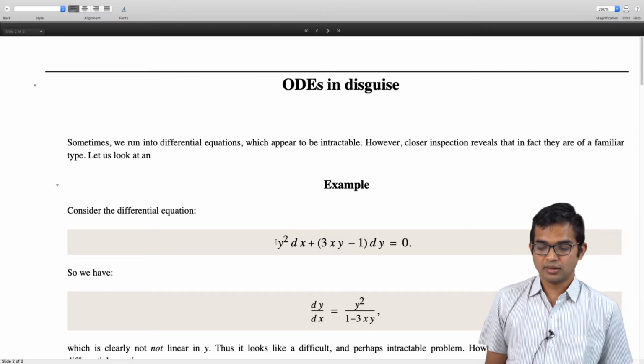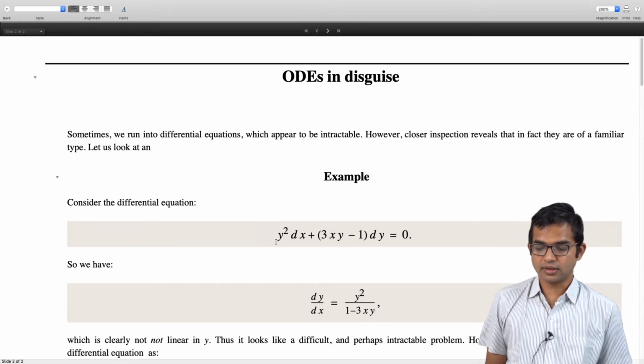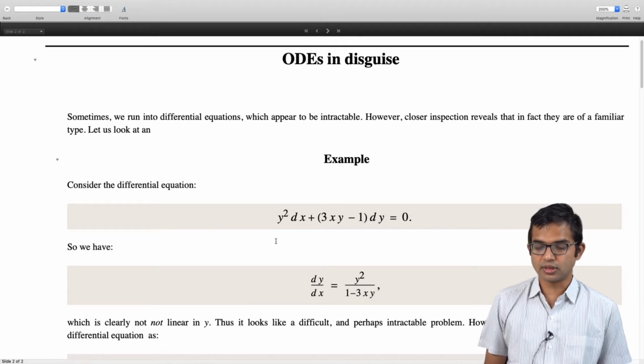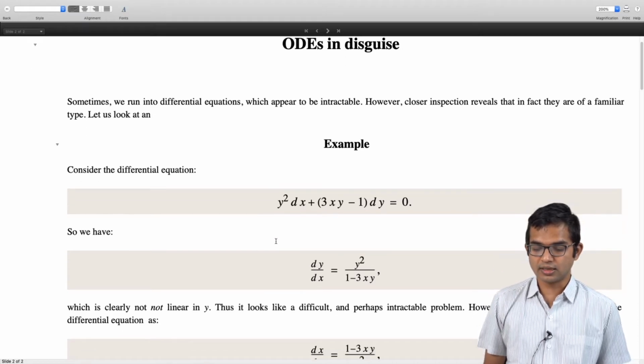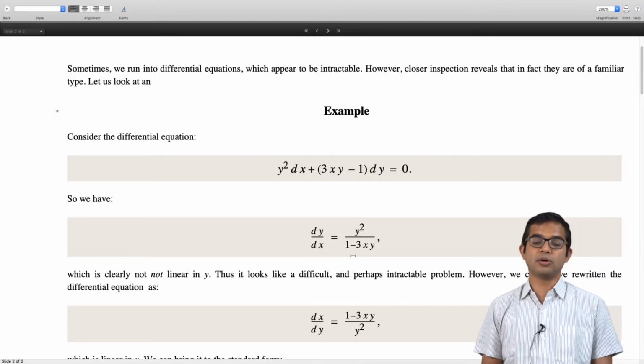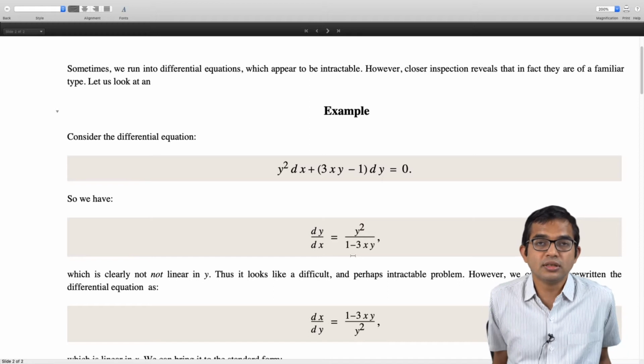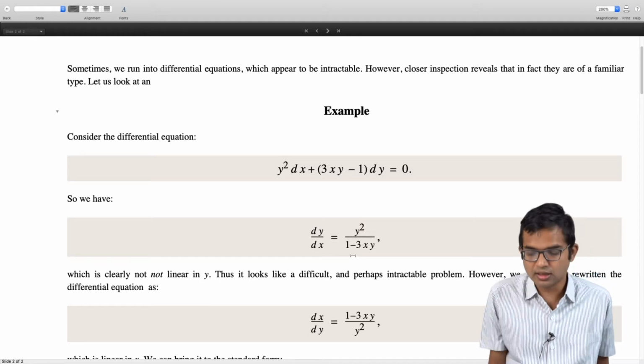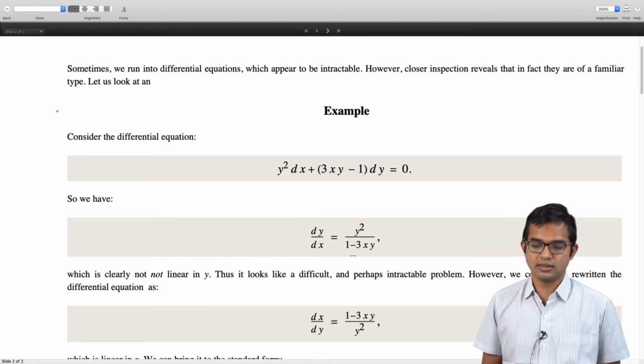However, some thought reveals that in fact this problem can be turned on its head, literally so. You should think of this as a differential equation in x. So if you write down dx by dy, it is (1 minus 3xy) divided by y squared. And now immediately you see that this equation is first order for sure in x, but also it's linear in x.